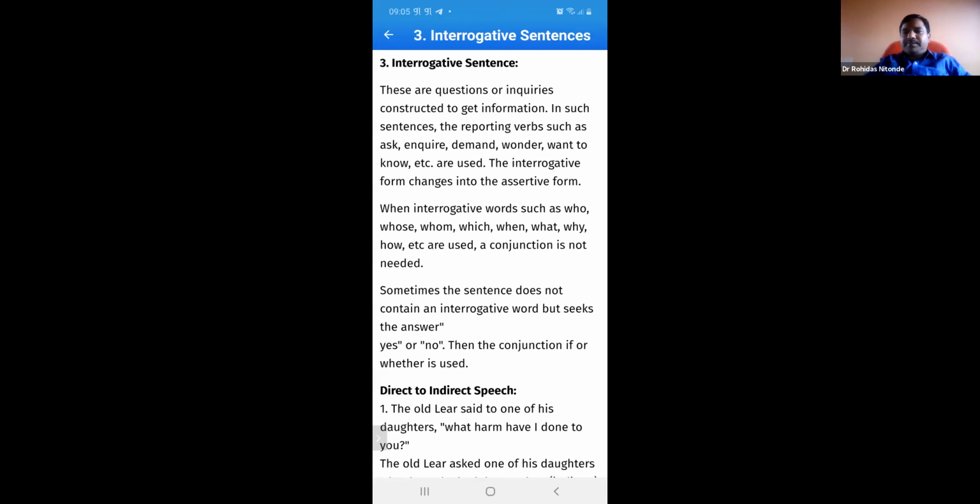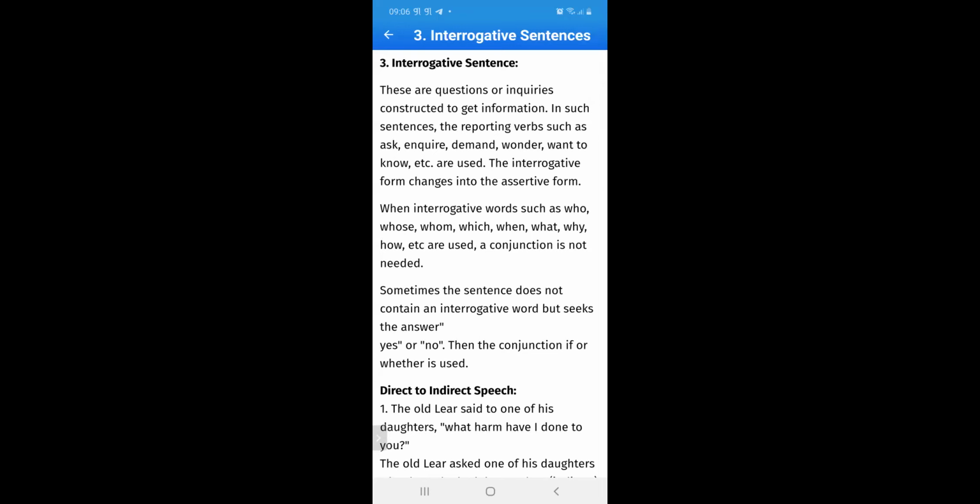Yes, Pratiksha. These are questions or inquiries constructed to get information. In such sentences, the reporting verbs such as ask, inquire, demand, wonder, want to know, etc. are used. The interrogative form changes into the assertive form when interrogative words such as who, whose, whom, which, when, what, why, how, etc. are used.